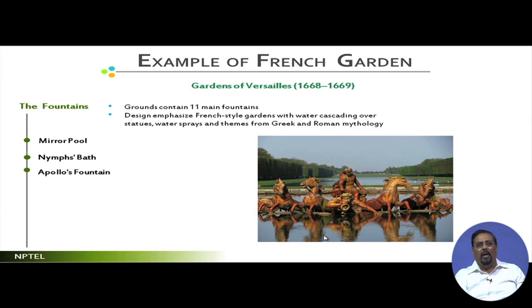Then comes Apollo's fountain, a very famous one, where multiple horses are spouting water from their mouths. If you see the background, this is a large water stretch which runs through all along centrally, and then at different spots. At this point, it's the Apollo's fountain that has been kept over here for spouting water.